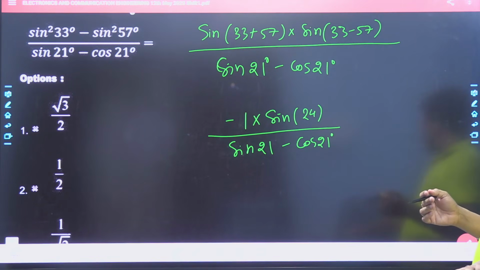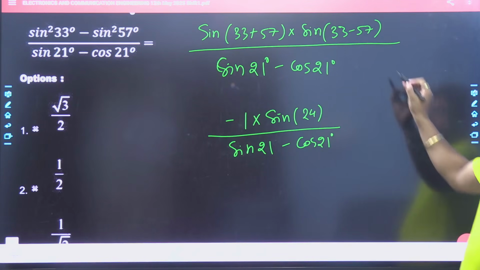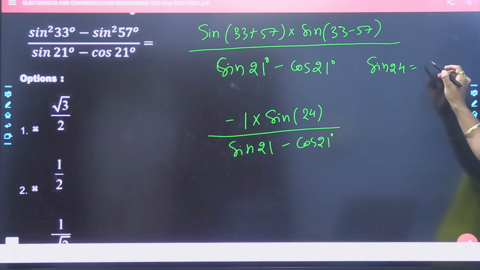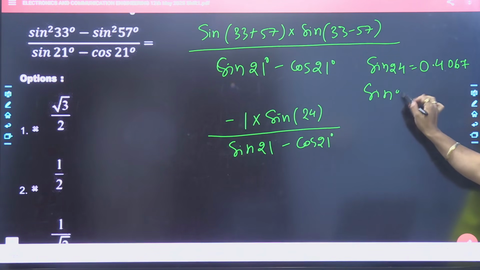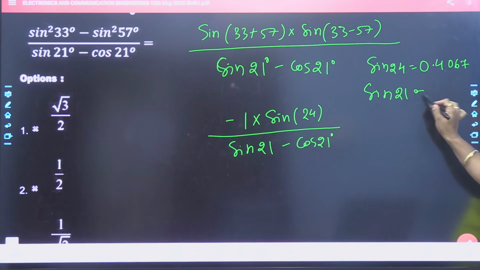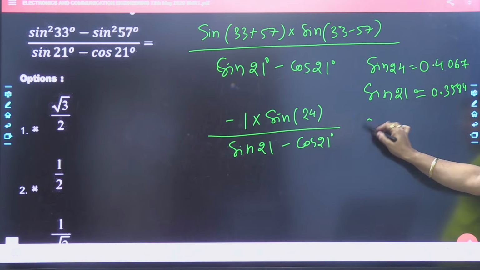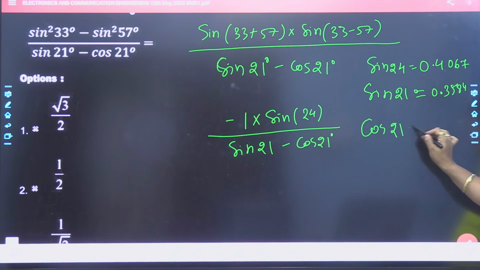So you can see here the value of sin 24 degrees is simply 0.4067. The value of sin 21 degrees is simply 0.3584, and the value of cos 21 degrees is simply 0.9336.